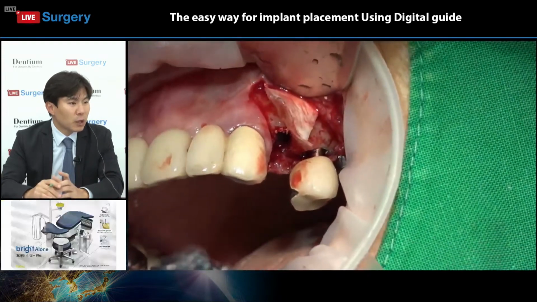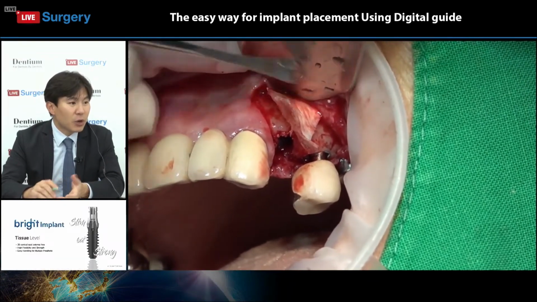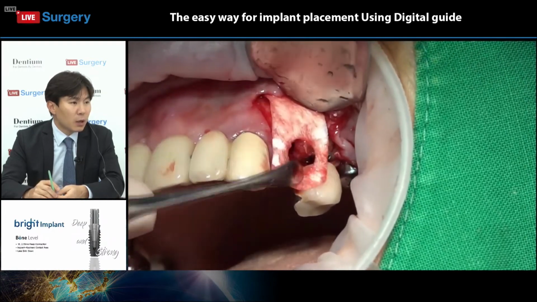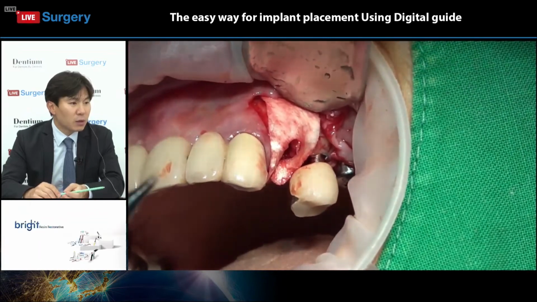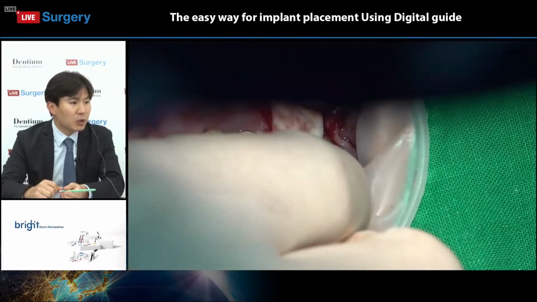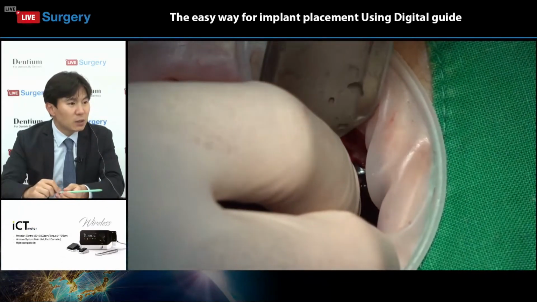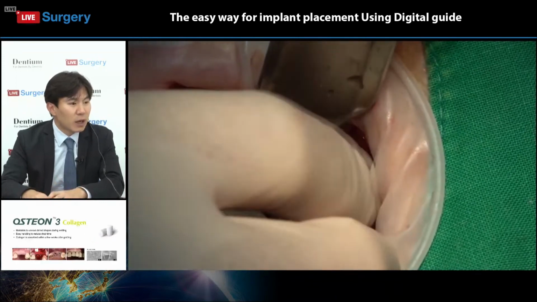The hole should be large enough for the healing abutment. In case of a small hole in the membrane, sometimes during healing abutment connection, the membrane becomes twisted or displaced to an unwanted area.